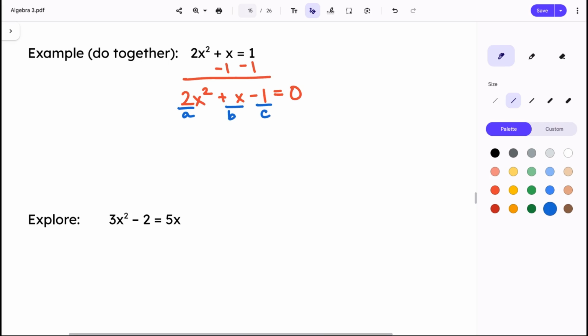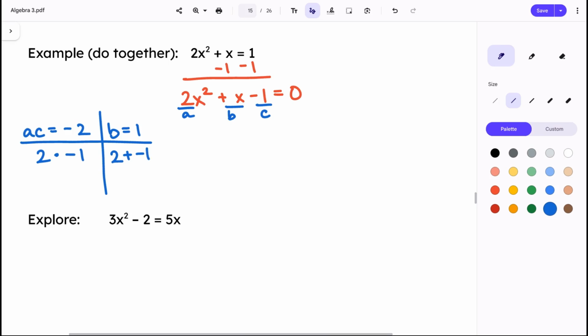So we're going to start by taking 2 times -1, which would be -2. And we're going to add to the middle number, which is just a 1, because that's what's in front of the x. So what two numbers are going to multiply to a -2 but add to a +1? 2 and -1.